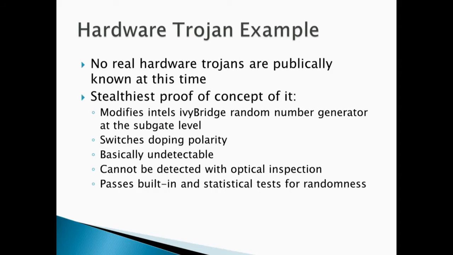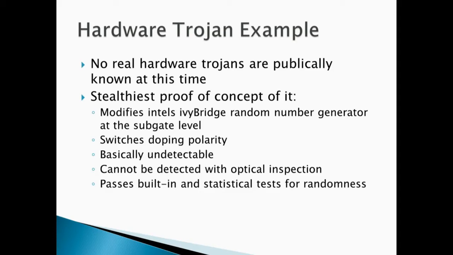So there's been lots of academics who have designed their own hardware Trojan proof of concepts to see how it might work, so we can make techniques to hopefully detect them. But there's a recent one where someone was able to make a hardware Trojan just by changing the doping levels at the subgate level. They based their hardware Trojan on the actual designs of Intel's Ivy Bridge random number generator.